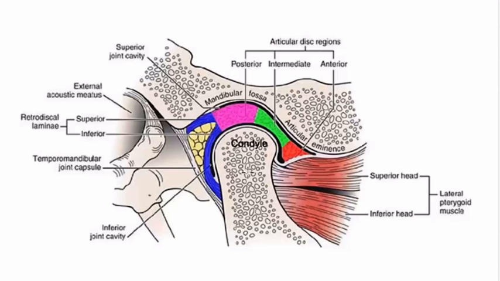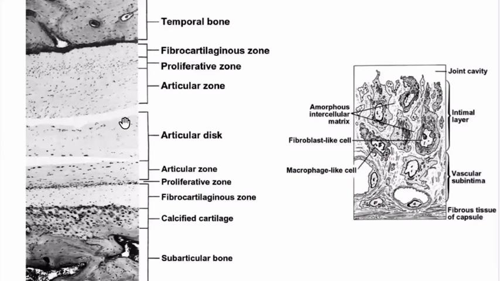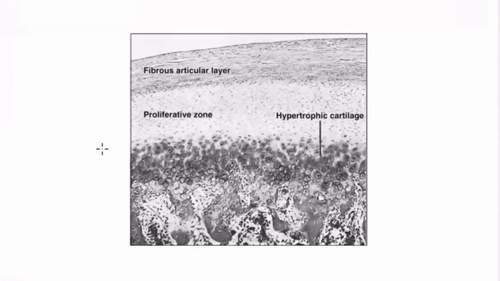The most inner part, which is the core of the disc, serves as shock absorption, a cushioning effect. In the external parts, we have dense connective tissue and also some fibrocartilage. We see some fibrocytes and collagen bundles arranged in different directions, collagen type 1 and collagen type 2.